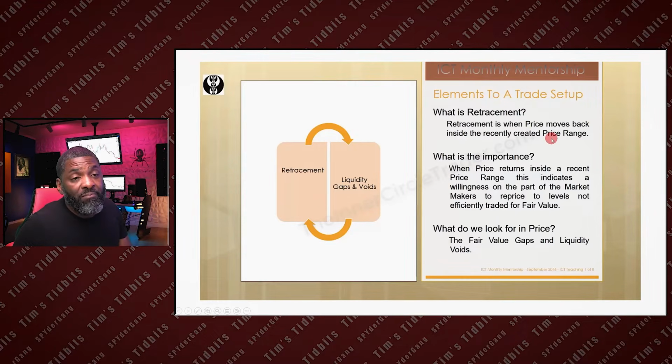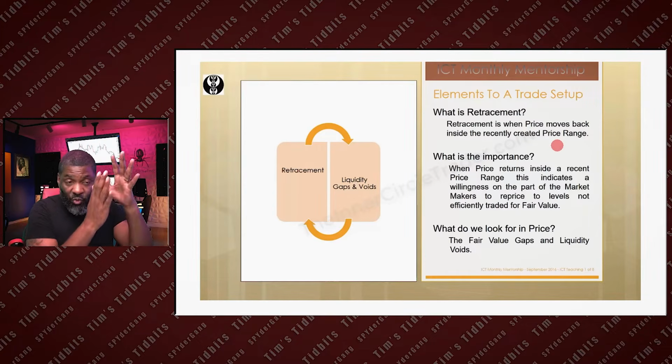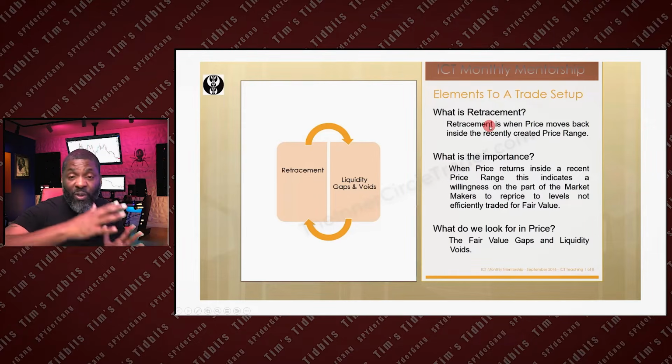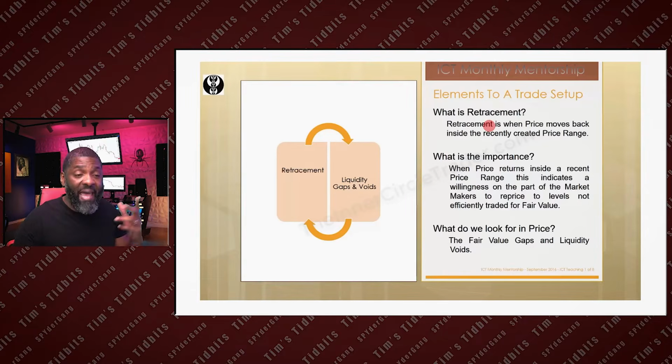Retracement is when price moves back inside the recently created price range, right? So when you get expansion to the upside or downside, it's creating a new price range, right? So retracement is when price moves back inside that recently created price range that was left behind after the expansion, right?